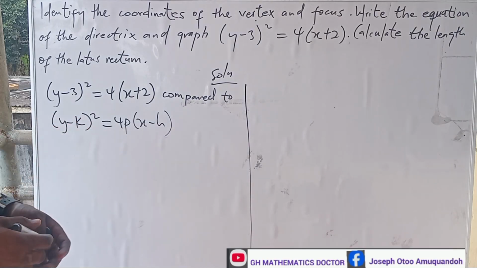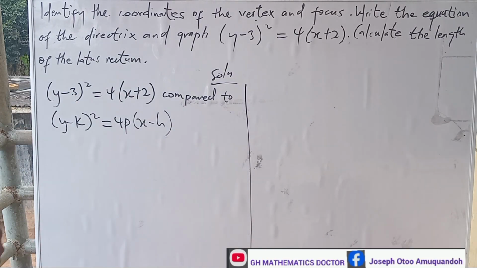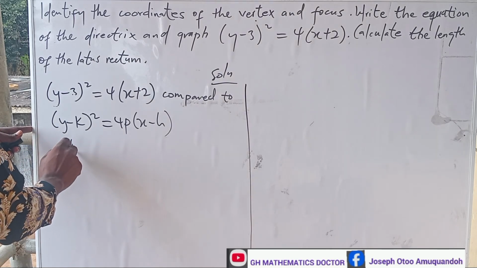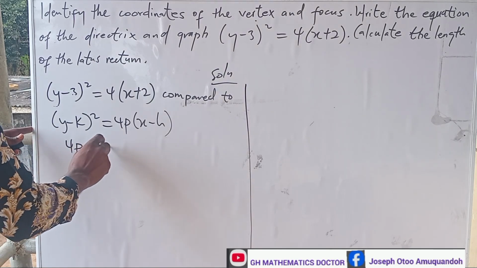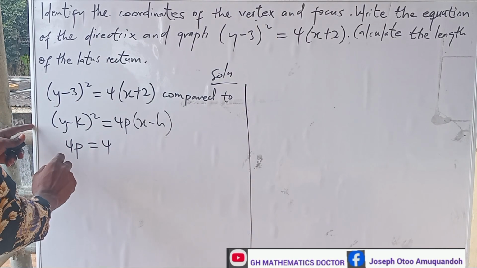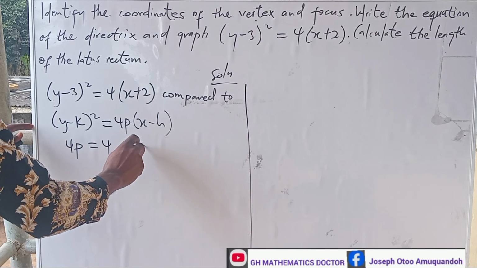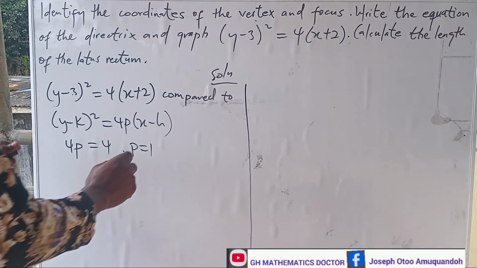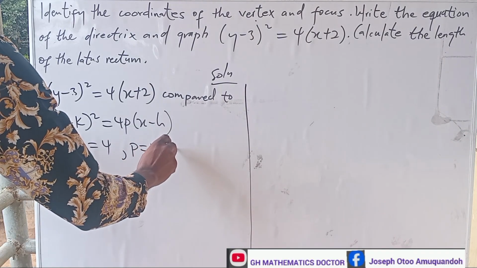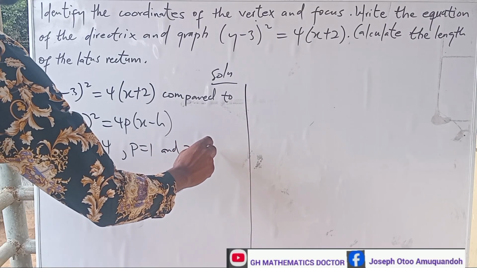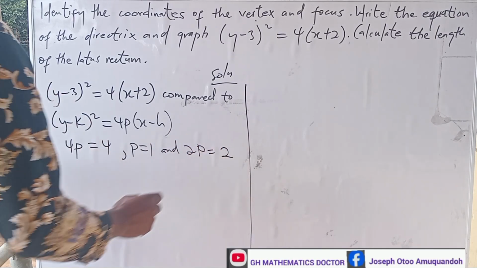That is the orientation that is suitable to be compared to the question. We need to find our p by comparing 4p to this 4, and our p is going to be 1. With this, we also get our 2p to be 2.